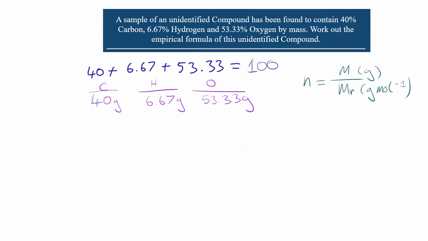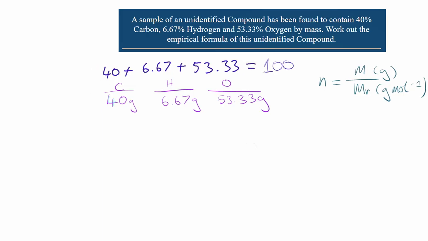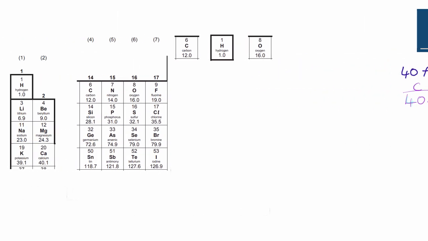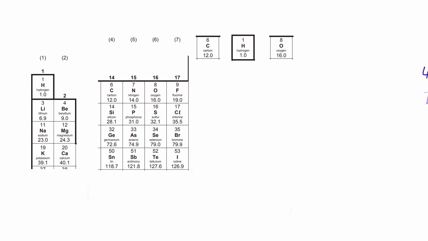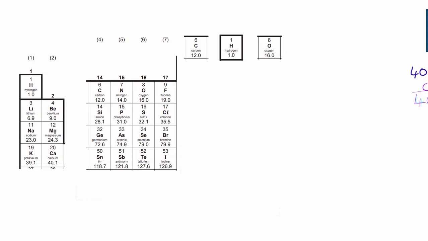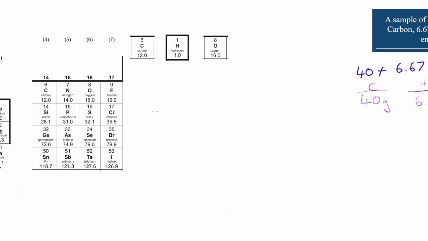You may be aware of what the molar masses for these are already, given how common these elements are, but let's refer to the periodic table nonetheless. We've got carbon, hydrogen, and oxygen. For carbon it's going to be 12, for hydrogen it's going to be 1, and oxygen is going to be 16.